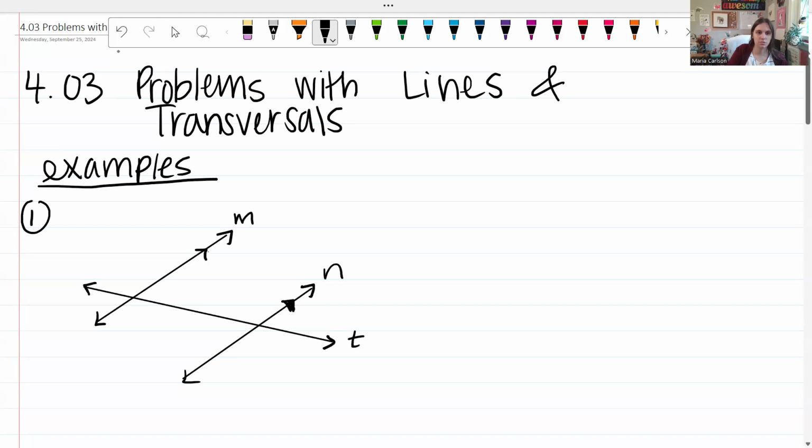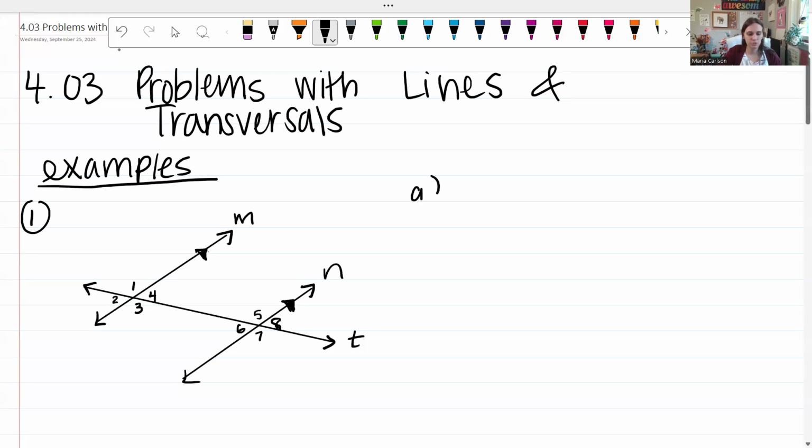Also something to note. And we have angles 1, 2, 3, 4, 5, 6, 7, and 8. So we have these 8 angles here.